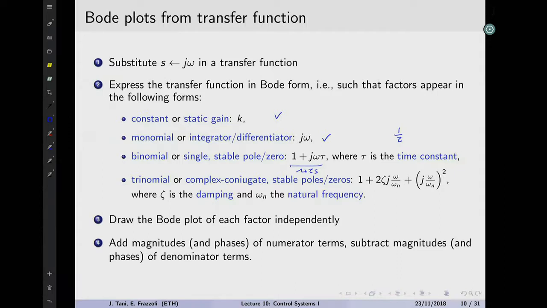And note how we use the terminology stable pole or zero because it really depends where you find this term. It could be at the numerator or the denominator, but still the properties of it are the same. Or in the most complex case, we can find a complex conjugate pair of poles or zeros in the form of a trinomial term like this.